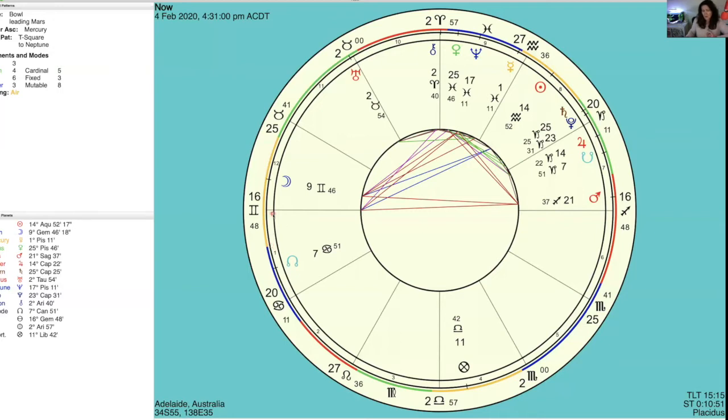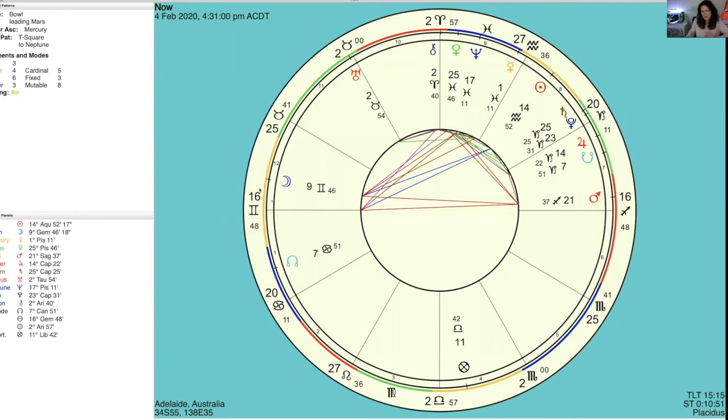So back to the concept of the rising sign here, the reason it's quite important to know a person's rising sign, or your rising sign if you know what time you were born, is that when an astrologer draws up a horoscope for a particular sign, they do it as if that sign is on the ascendant right here.